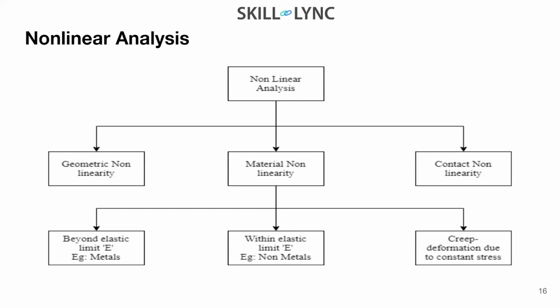What I mean by geometric non-linearity is, suppose you have applied a load to a geometry such that in a lesser time it gets a very huge deformation. Because of that huge deformation in a lesser instant of time, it ultimately reaches the plastic zone. That is what we call geometric nonlinearity.